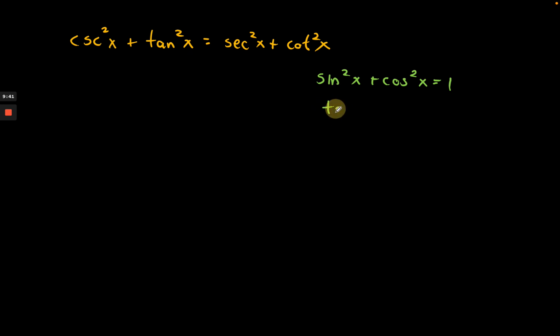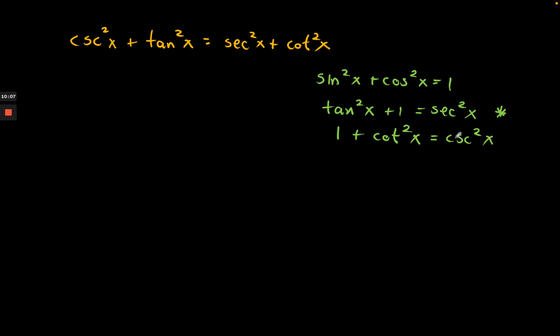This means also that tangent squared x plus 1 equals secant squared x. So that one's promising, right? And then we also said that 1 plus cotangent squared x is equal to cosecant squared x.